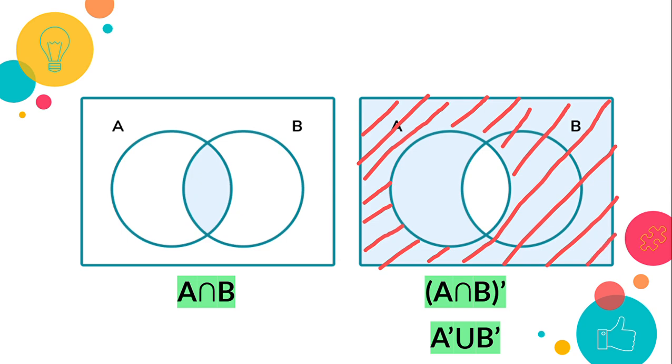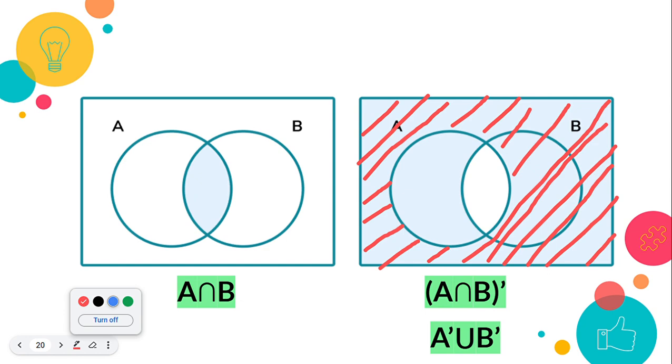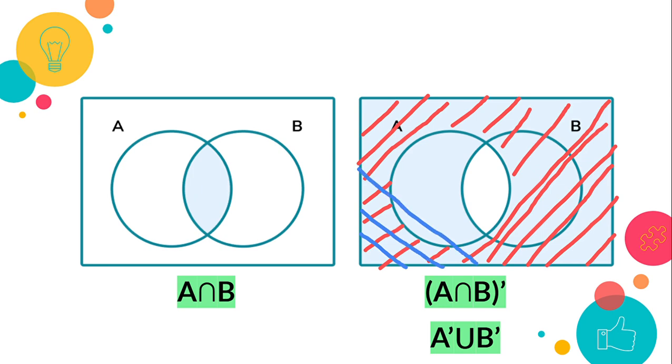Now I'm going to shade B complement in a different color, and with lines going in the opposite direction. So I'm going to shade it in blue this time. So B complement is everything outside of set B. So this is where I'm shading now. This is B complement. So I'm avoiding the circle that's labeled as B.